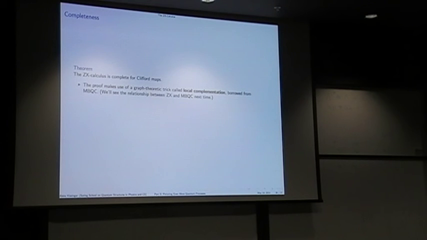And on Wednesday I'll talk a bit more about how the ZX calculus and MBQC are really closely related to each other, so we can steal tricks from them or send tricks back. So anyway, the proof of this is a trick out of MBQC. So ZX is complete for this classically simulable fragment.